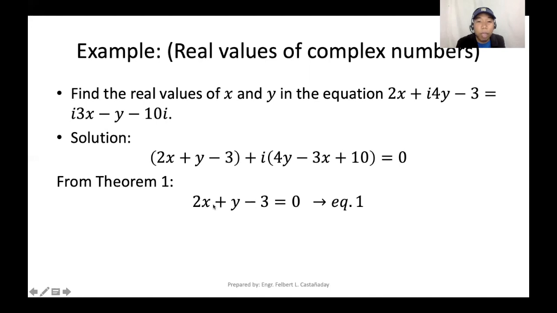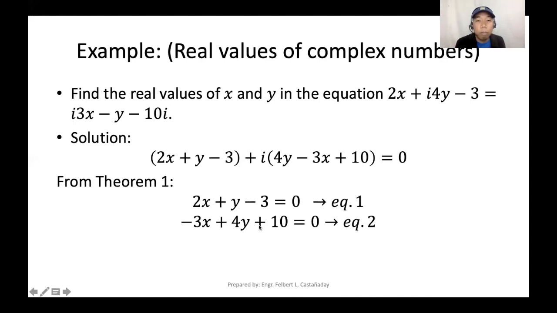In this case, 2x plus y minus 3 will be our equation 1. And of course, the imaginary part will be equal to 0 also. We arrange it so that it will have the same variable on the first term as the first equation. We did this for us to be able to determine the value of x and y. You can use your calculator, two equations, two unknowns, to determine the value of x and y.